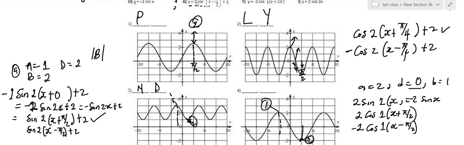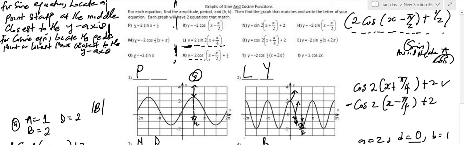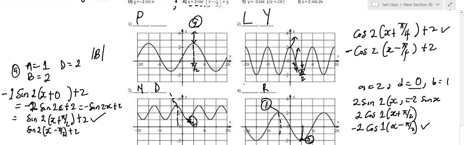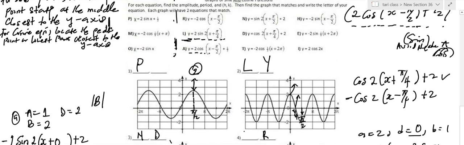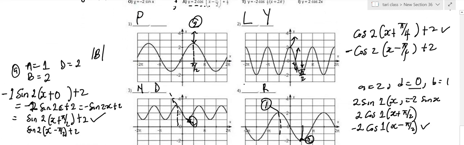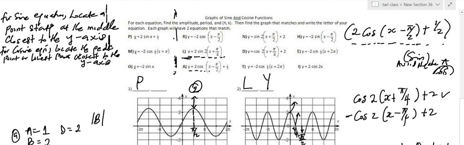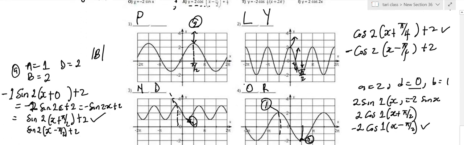They made use of this one. The other one was R, and then the one that just gave me negative 2 sine x is O. This will be O. I don't know why I keep writing Y. Okay, so this will be O and then R.